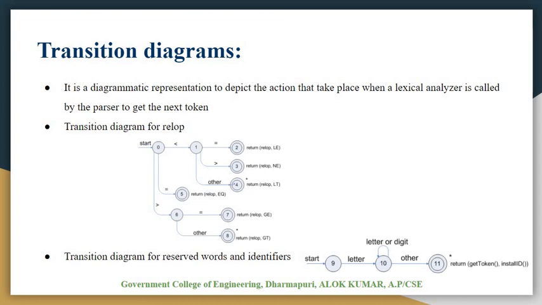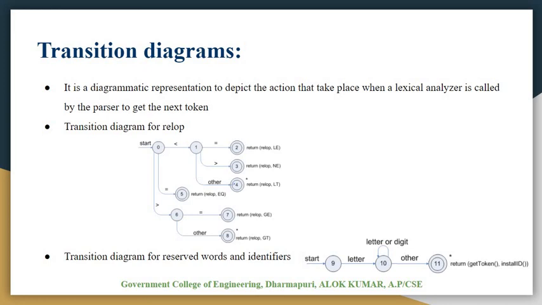Here is a transition diagram for the relational operator, a snapshot we have taken. This one is less than or equal to, this one is not equal to, and this one is less than. Here it returns relational operator, and we have given the attribute value as LE for less than or equal to.